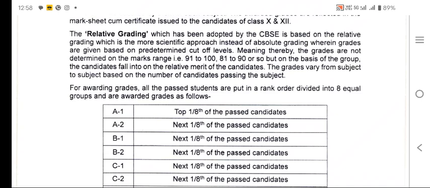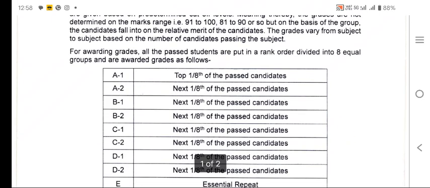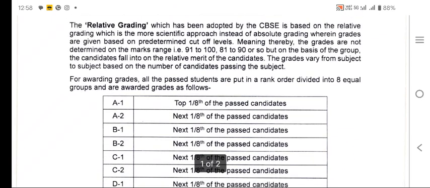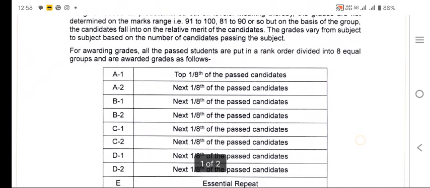Meaning thereby the grades are not determined on the marks range, that is 91 to 100, 81 to 90, but the grades vary from subject to subject based on the number of candidates passing the subjects. That is very important. It is not based upon the marks that they have got, it is on the basis of the number of candidates passing the subject.